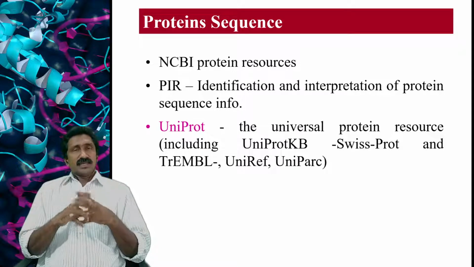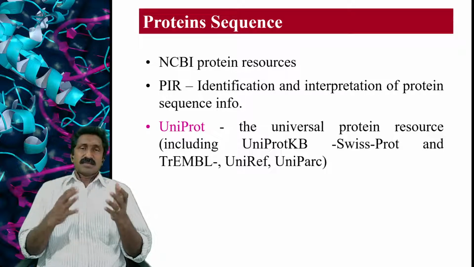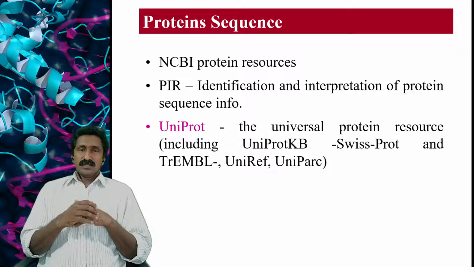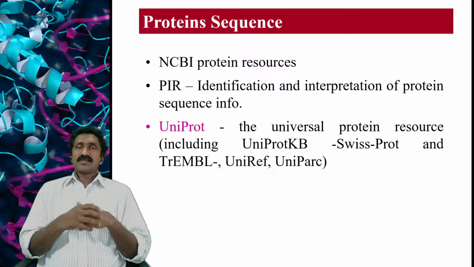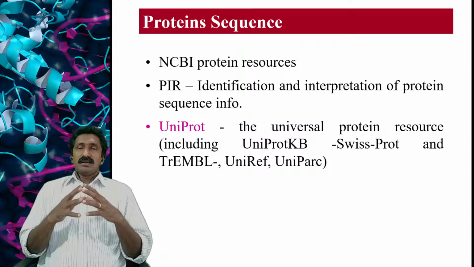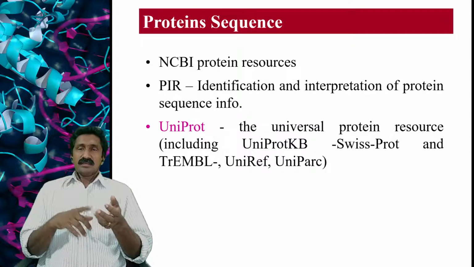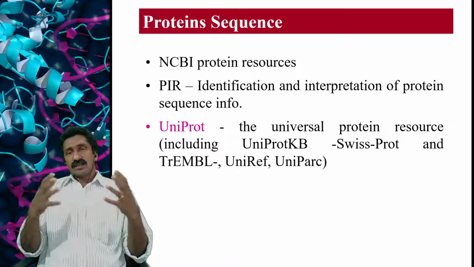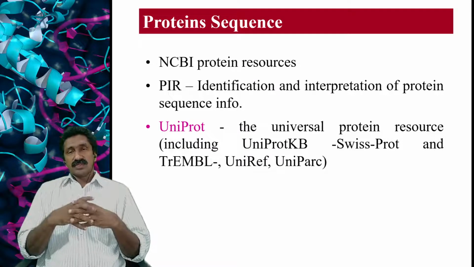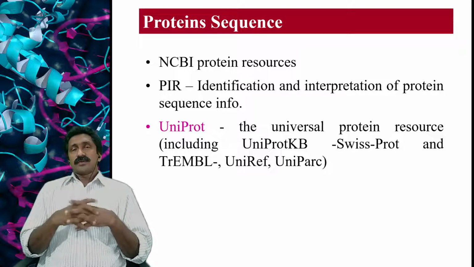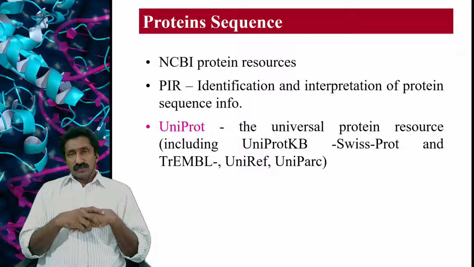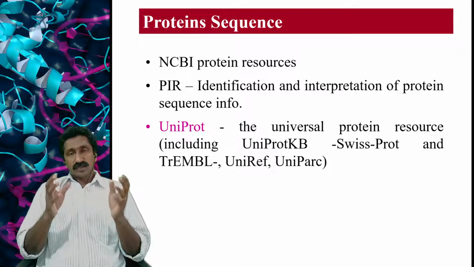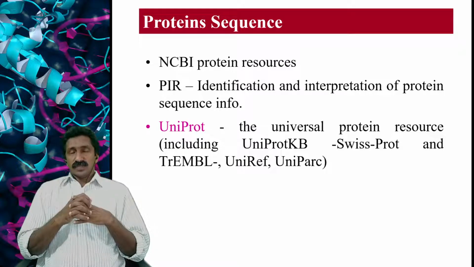So PIR doesn't have an independent existence, because PIR actually contributes to the development of the UniProt knowledge base, that is the UniProt database. The Universal Protein Resource includes UniProtKB, SwissProt, TrEMBL, UniRef, UniParc. So there are a lot of other related databases joined together to constitute this UniProt database, which is now considered the most prominent database for protein sequences.